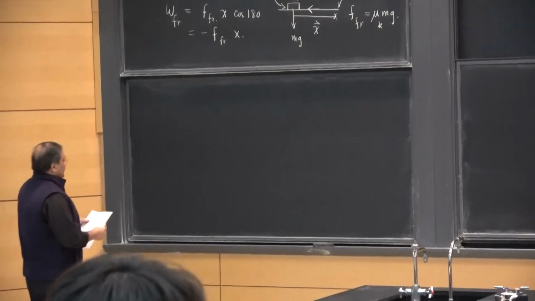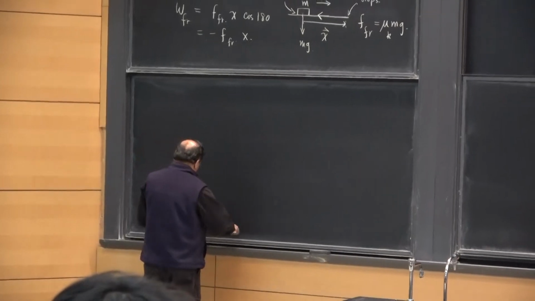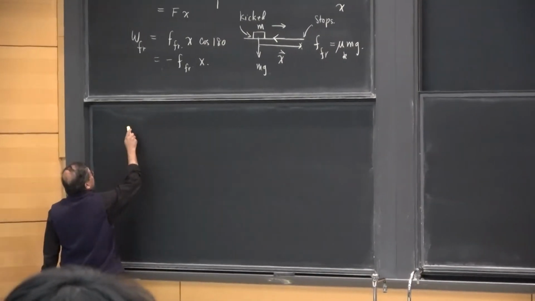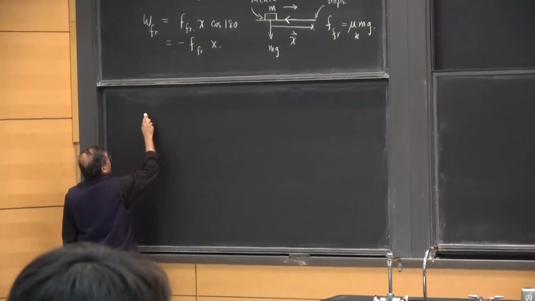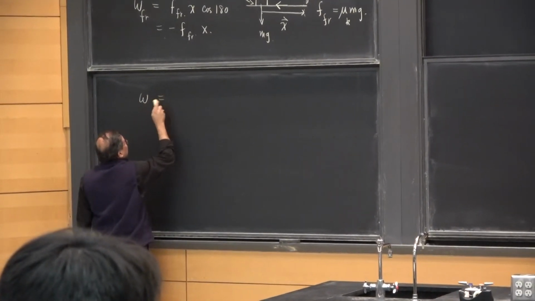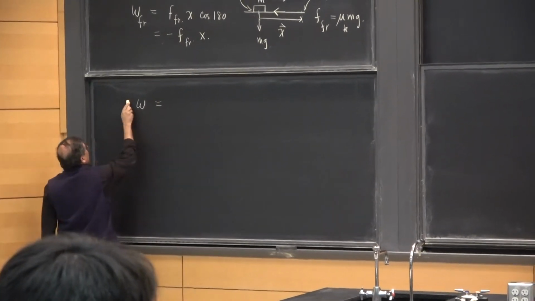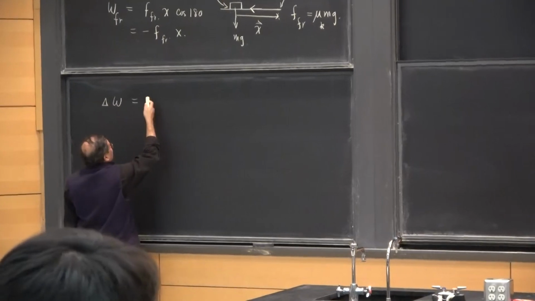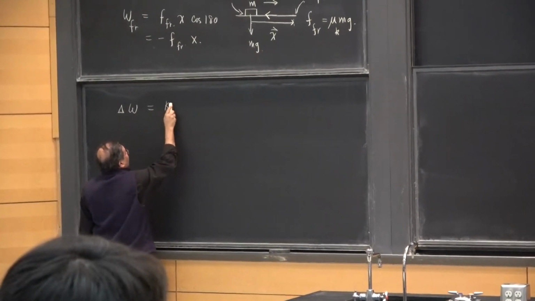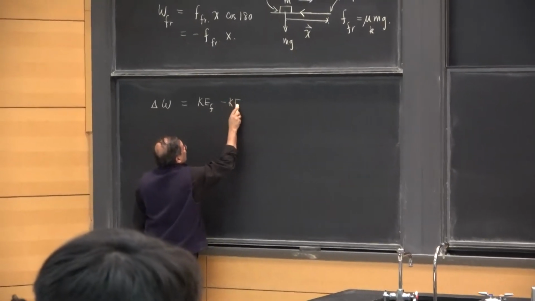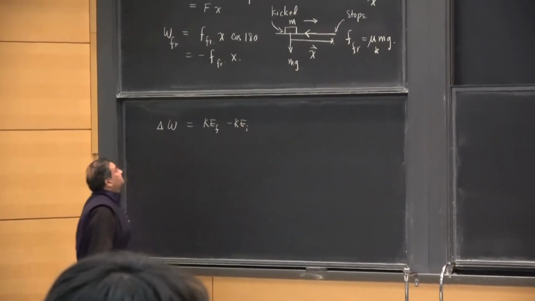The other point that I discussed last time is that you have the work energy theorem, and the idea of the work energy theorem was work done, or delta of work done, a little bit of work done, small amount of F dot delta x, is essentially final kinetic energy minus initial kinetic energy.